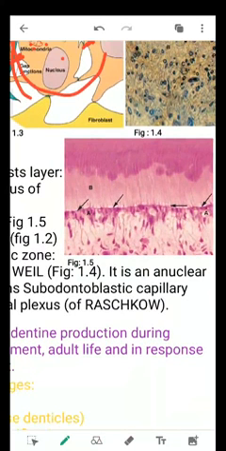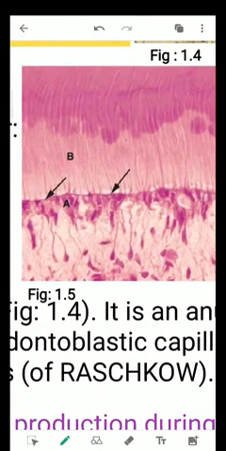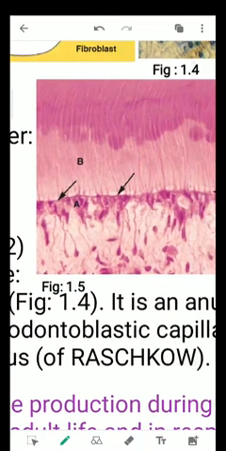If I take a sample, due to the stains used or the processing, we have a slight shrinkage, and this gives rise to a potential space. The supraodontoblastic layer is a potential space, hence it's not there all the time. So you can see the arrows there pointing to that.